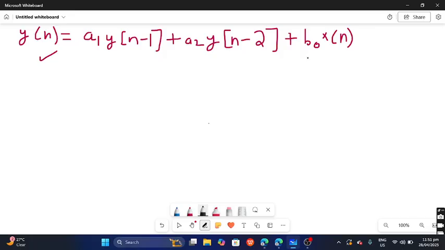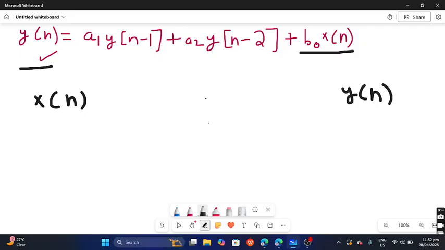What is your input? Your input is x of n and your output is y of n. So I will make the structure here. This is your input and this is your output. Now the input is getting multiplied with a factor of b naught.